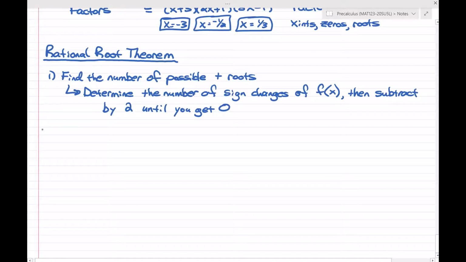The second step is we find the number of possible negative roots.